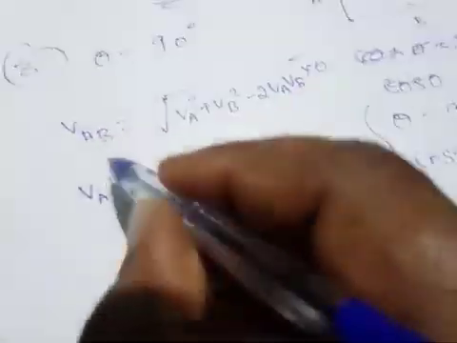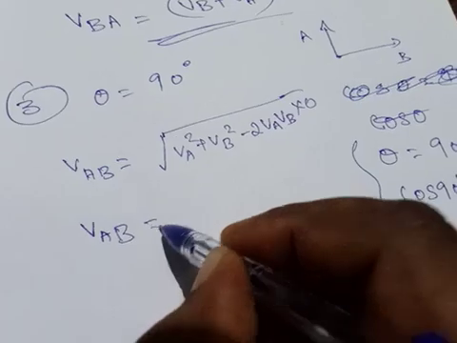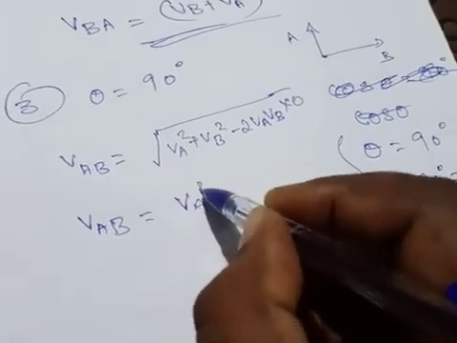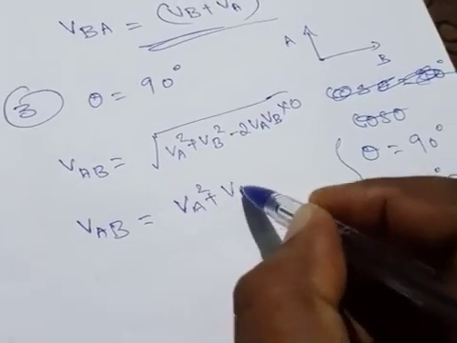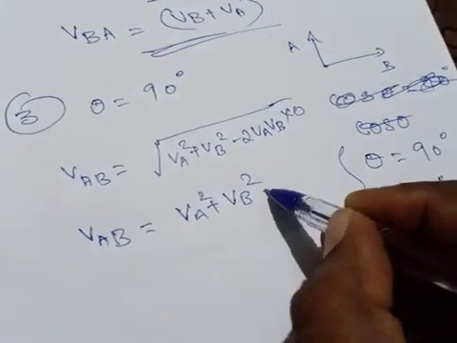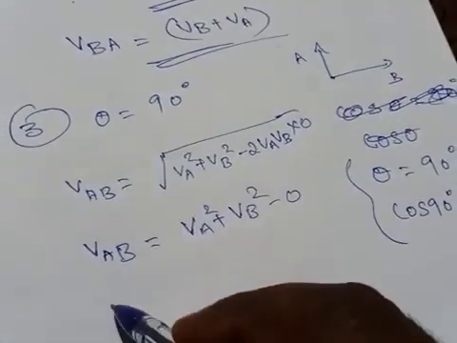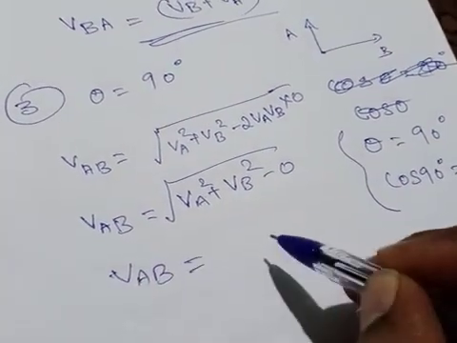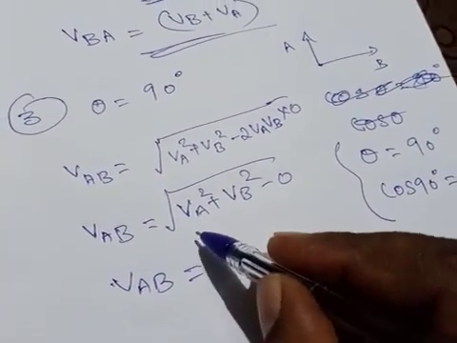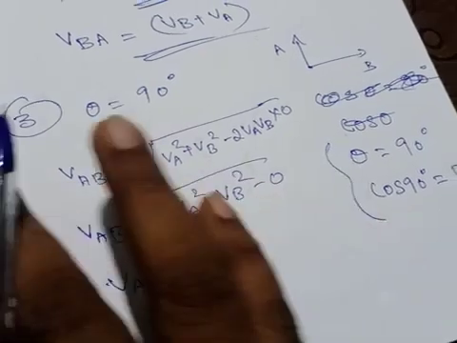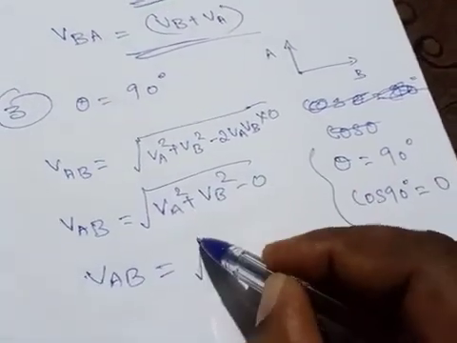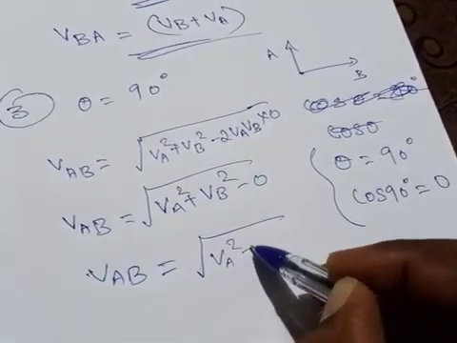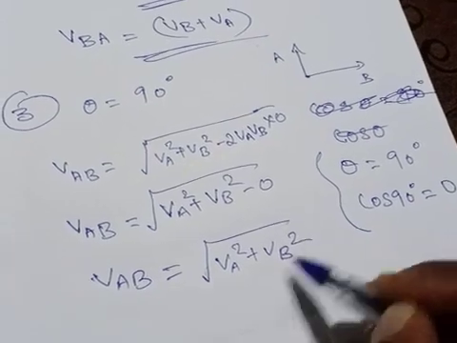So VAB is equal to root of VA square plus VB square. This is the last one.